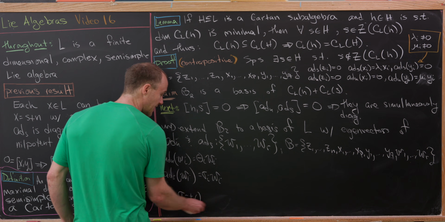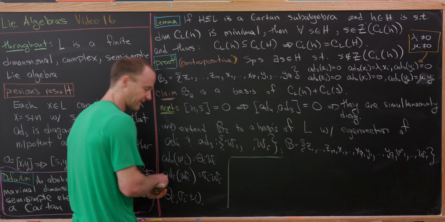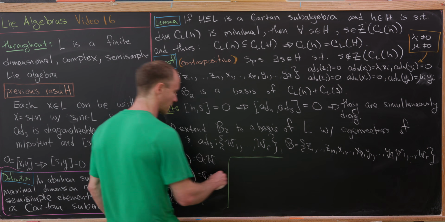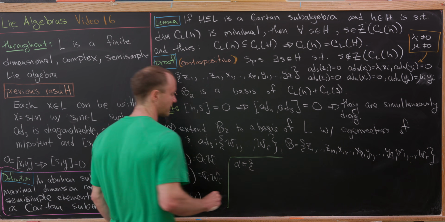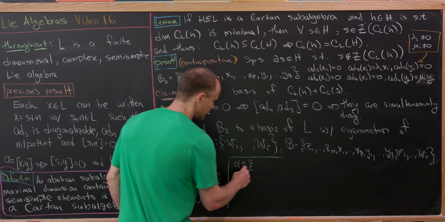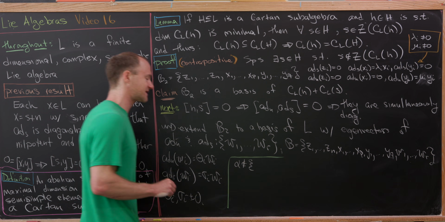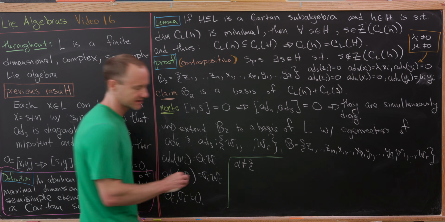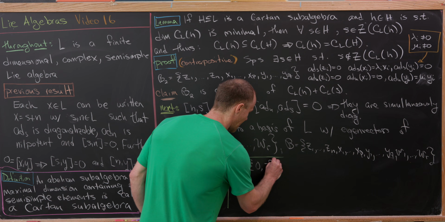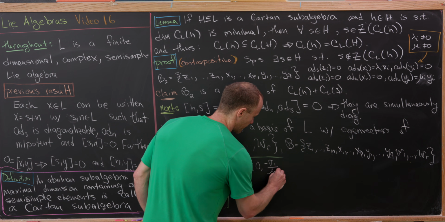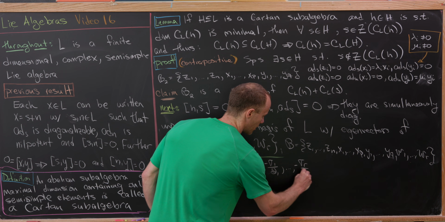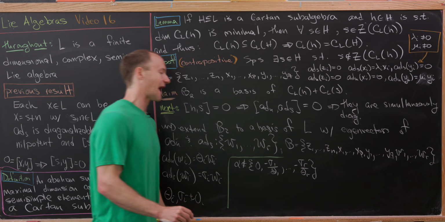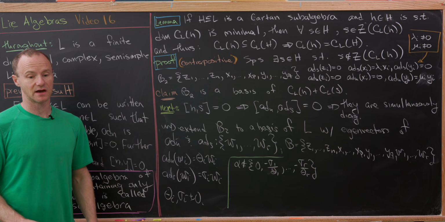And then from here, what we'll do is form this number, and this number will be called alpha. And so it's going to come from the following set. Or sorry, it's going to be outside of the following set. So 0, minus sigma 1 over theta 1, all the way up to minus sigma r over theta r. So alpha can be any number outside of these.